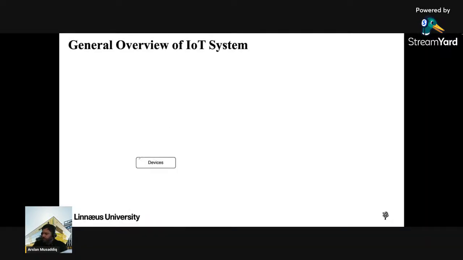Now look at here again, consider that we have devices. In this case, let's take an example that we have CO2 and total volatile organic compound sensors. These two sensors are collecting data from the environment and sending it to the gateway, which is Wi-Fi based. And then we have something called an MQTT broker.